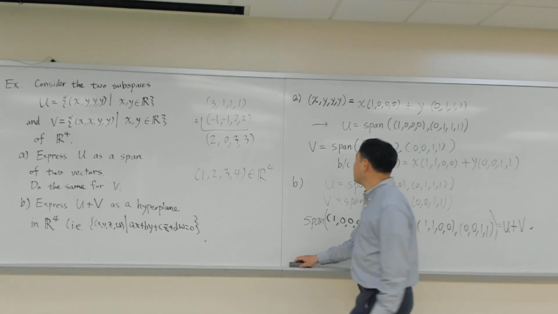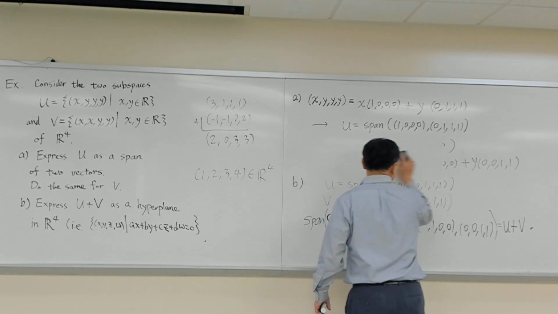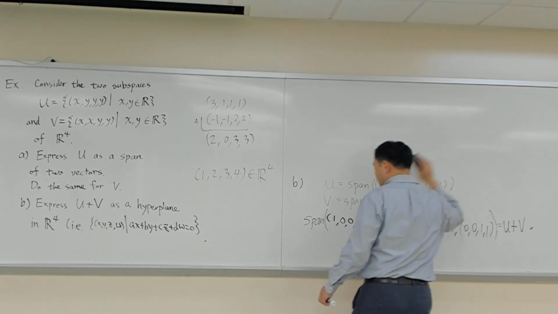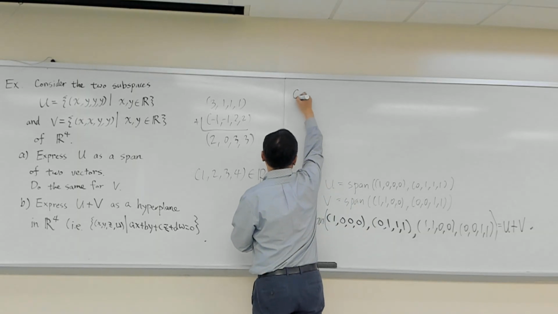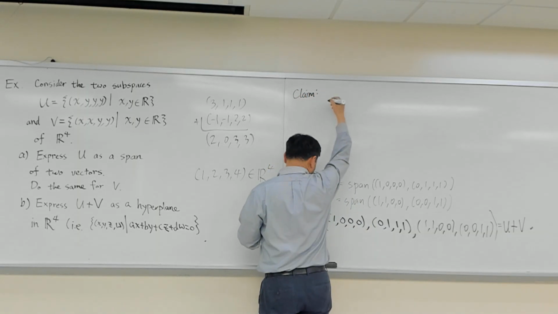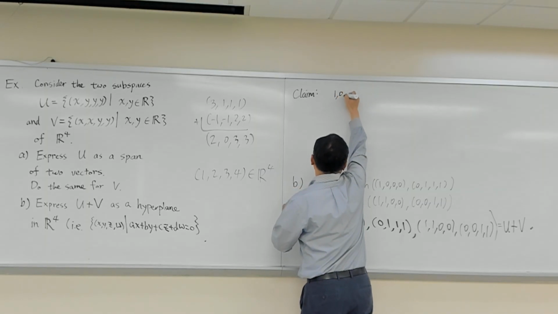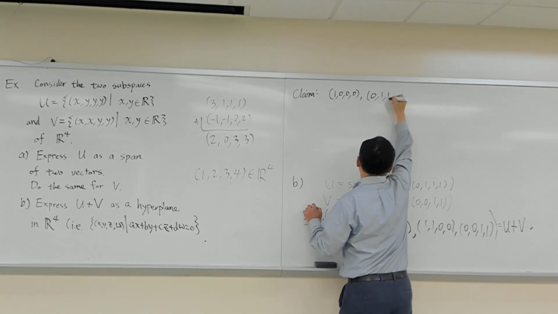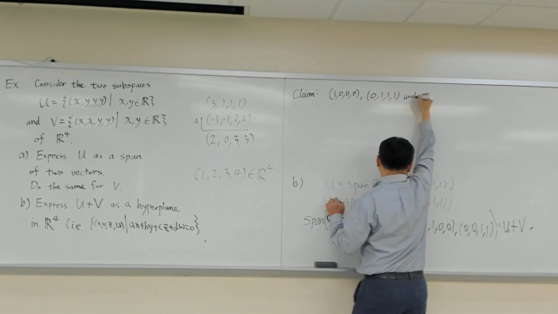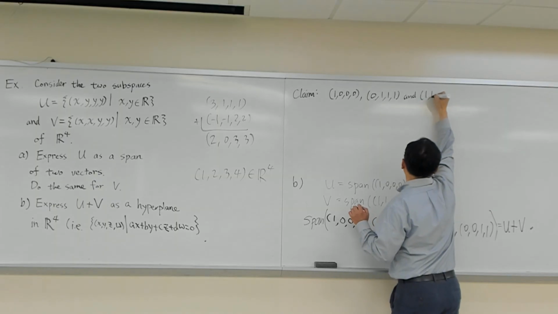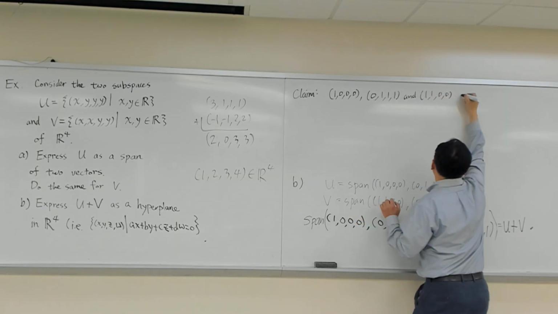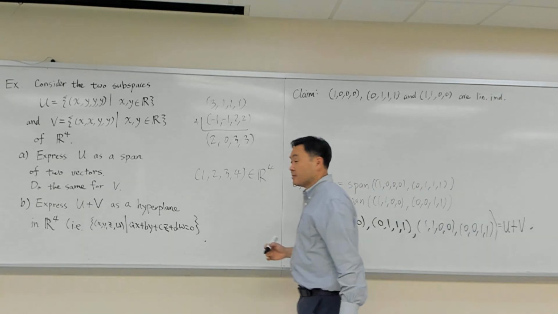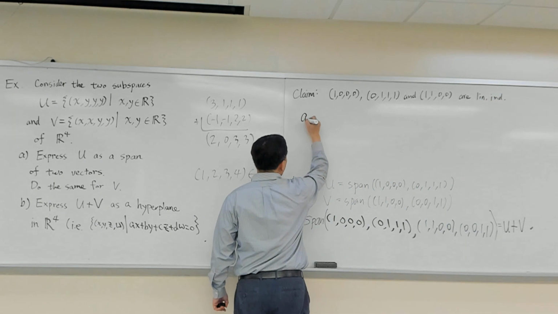So, I want to claim that 1, 0, 0, 0, 0, 1, 1, 1, and 1, 1, 0, 0 are linearly independent. Let's look at that. Well, write down what it means.